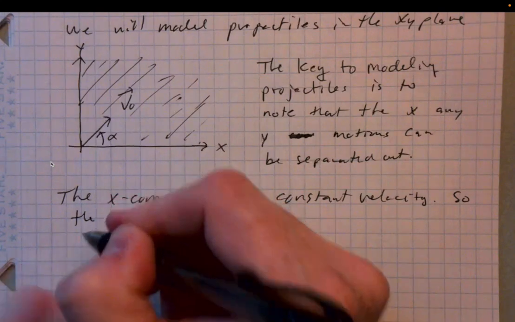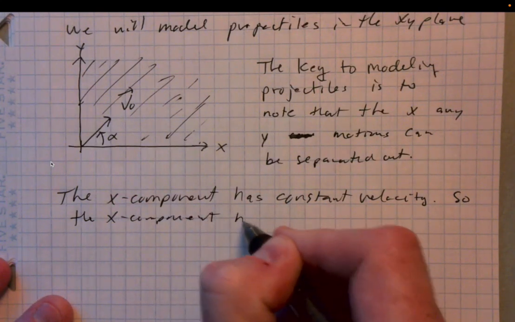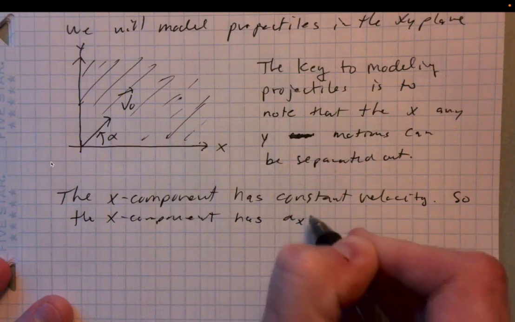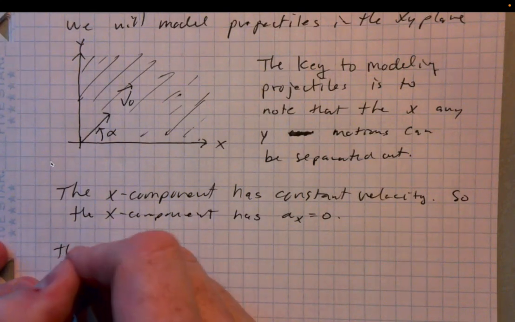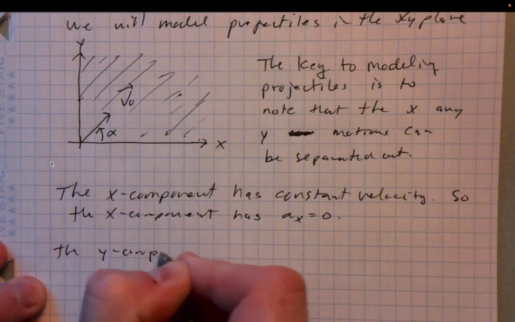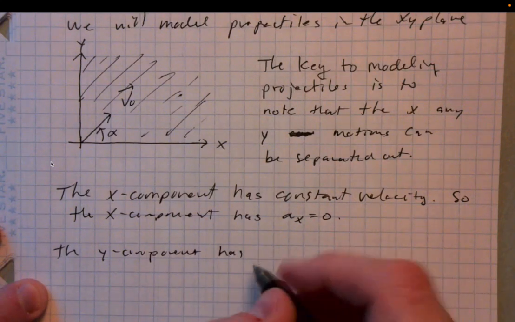So the x component has 0 acceleration. Now the y component is different. The y component has constant acceleration.